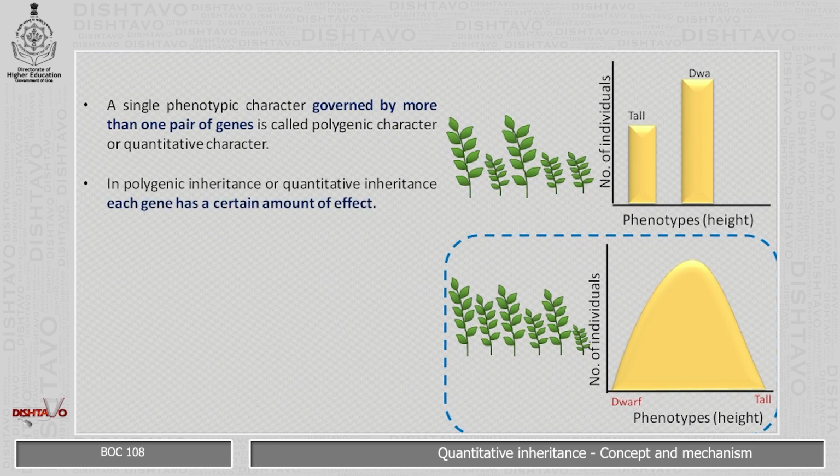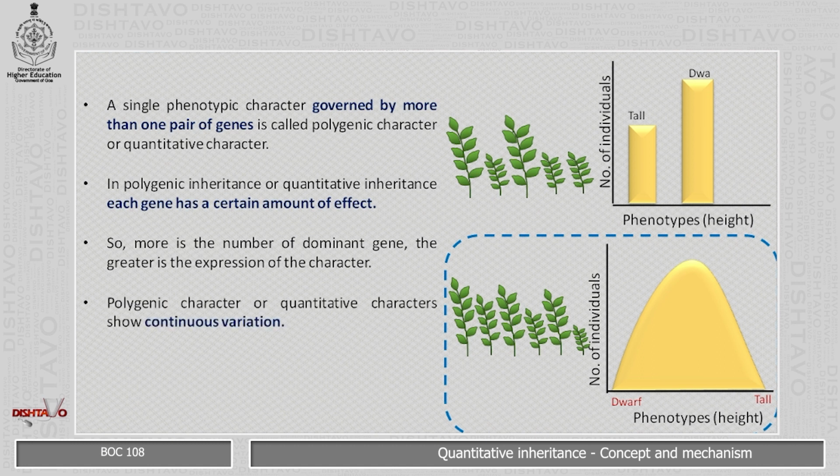In polygenic inheritance or quantitative inheritance, each gene has a certain amount of effect. So the more the number of dominant genes, the greater is the expression of that character. Polygenic or quantitative characters show continuous variation, which is depicted in the graph.